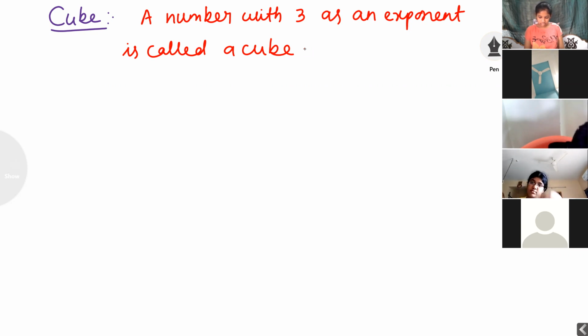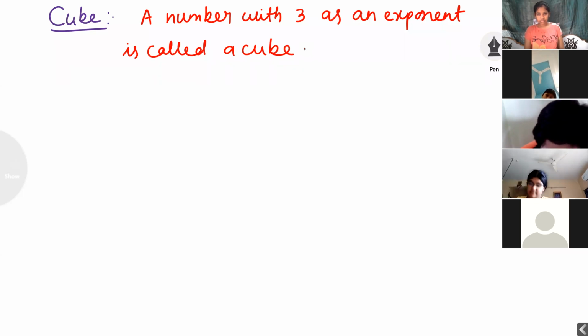Got it, everyone? We can say when a number is multiplied by itself 3 times, that is called the cube of that number. A simple definition: a number with 3 as an exponent is called a cube.